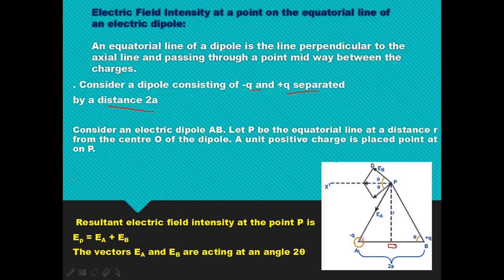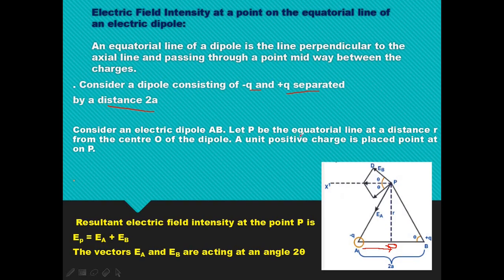The two charges: this is minus q at point A and this is plus q at point B, separated by a distance 2a. The distance from point A to the center O is small a, and here it is also small a. Now consider an electric dipole AB.